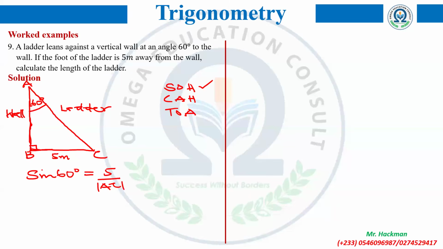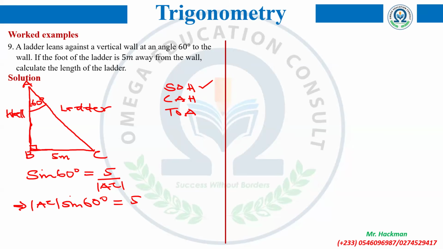But if it is decimal, don't go and put it. Otherwise you do more rounding offs, which will move you away from your accurate answer. So this is what I advise students to do. Because this is a relation, I'll write: this implies that, I'm looking for AC, so I cross multiply. That will give me the length of AC times sine 60 degrees equal to 5. Do you all agree?